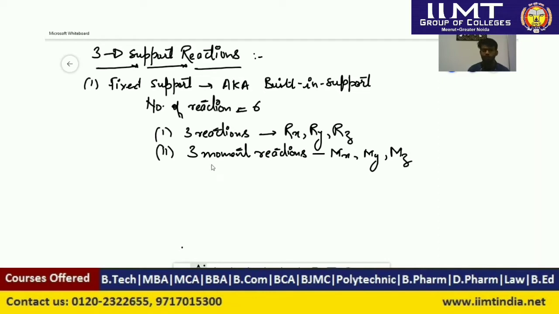So in a fixed support, there are basically 6 support reactions: Rx, Ry, Rz, and three moment reactions Mx, My, and Mz.